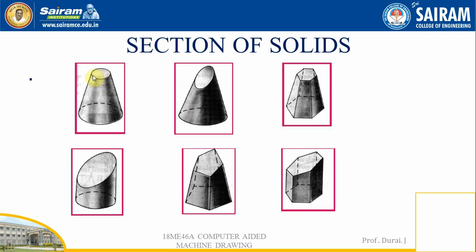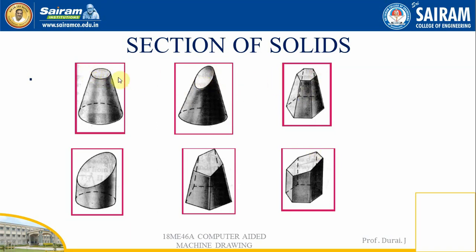The section plane cuts somewhere in the middle, or at some height. It may be a straight section plane or an inclined plane, and the solid may be cut like this. Those things will be shown here.